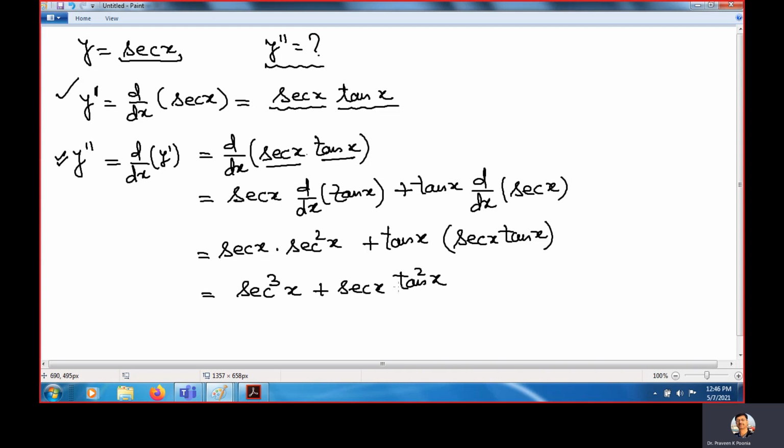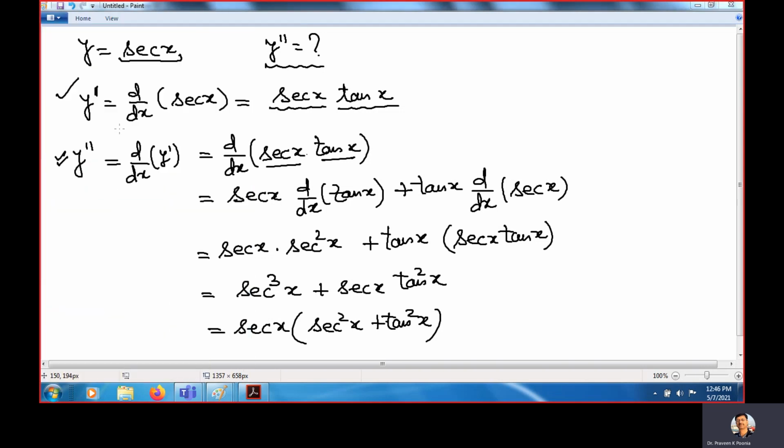This is the answer. And if you simplify it a little more, you can take sec x common, so it will be sec x times (sec power 2x plus tan power 2x). This is the second derivative of y is equal to sec x.